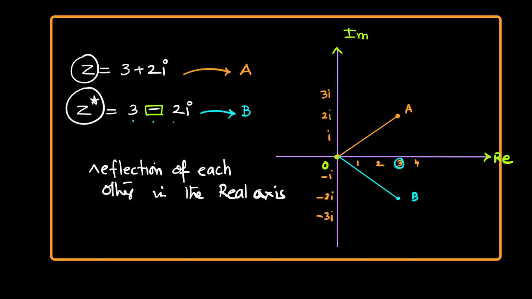So what else do we observe? We observe that the length of this vector and the length of this vector is the same because the coefficients are the same, 3 and 2, 3 and minus 2. The length of the vector according to the distance formula or according to magnitude of vector is exactly the same. Now let's label another pair of complex numbers.